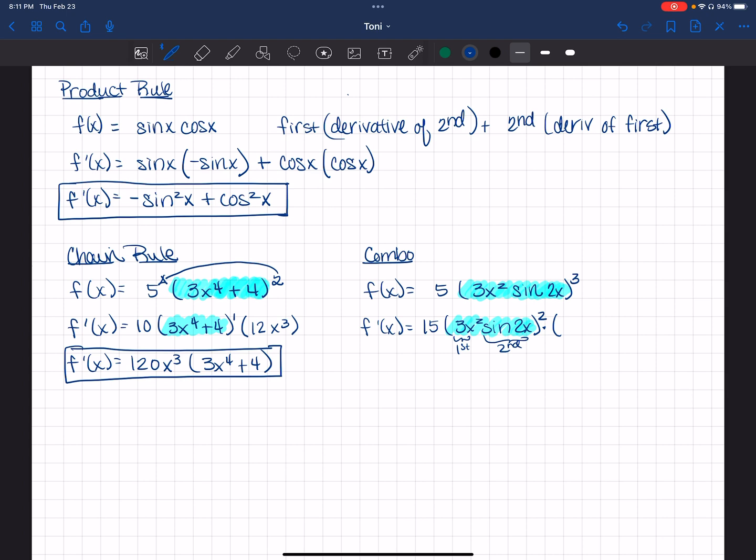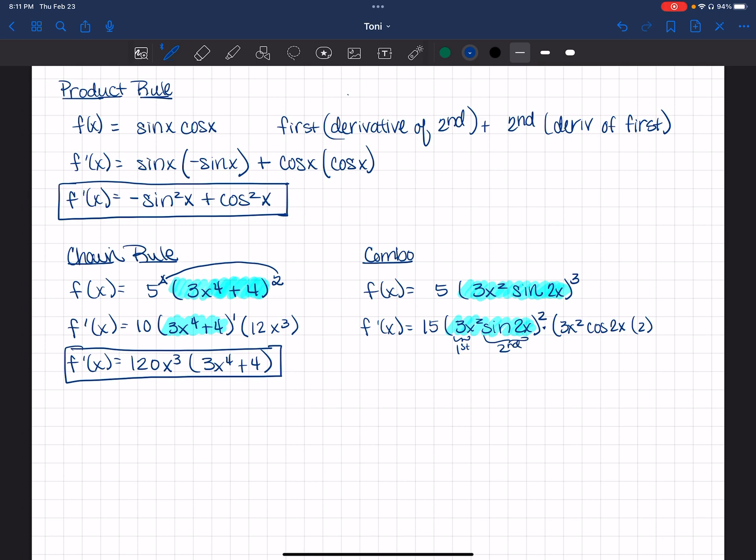Okay, so the first, 3x squared, times the derivative of the second. Well, what's the derivative of sine 2x? That outside is cosine 2x, right? And then the derivative of the inside of sine of 2x, so the derivative of 2x, which is 2. Now this 2 right here that I just wrote down doesn't go inside the cosine.